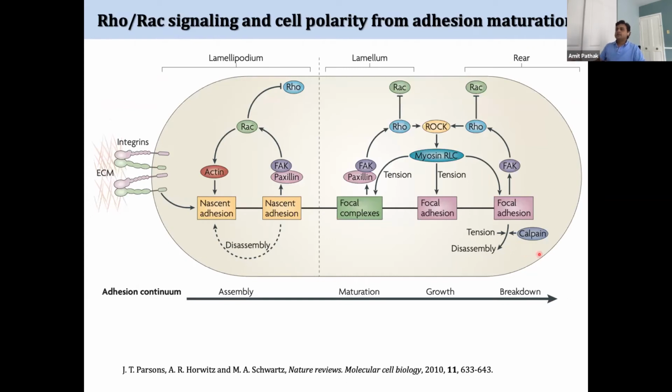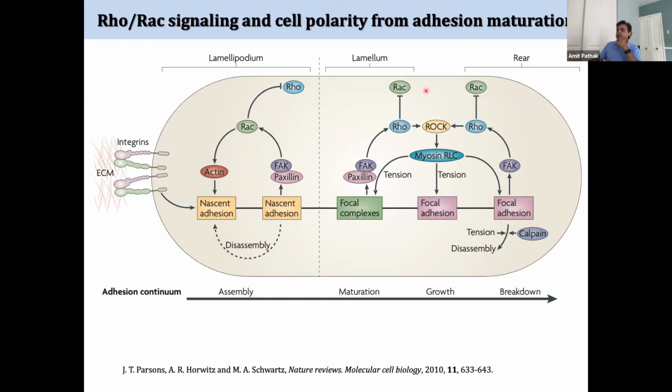So here, this is a summary of how the gradient of these processes exists within a cell. On the front, actin and focal adhesion kinase, paxillin, these are important. This feedback loop through RAC is important for turnover of adhesions that leads to shorter lifetimes. The Rho activation is kind of low in the front because Rho and RAC have this antagonistic relationship.